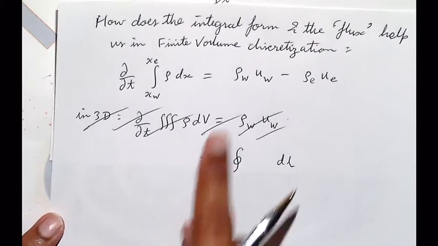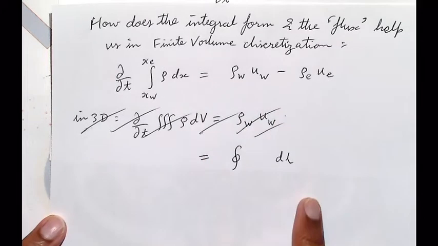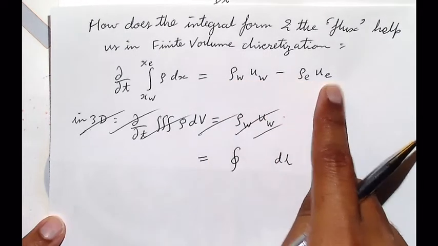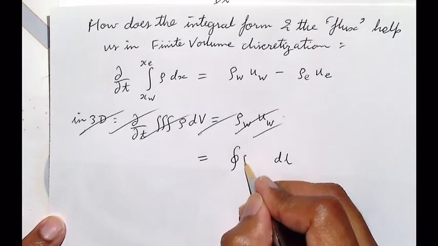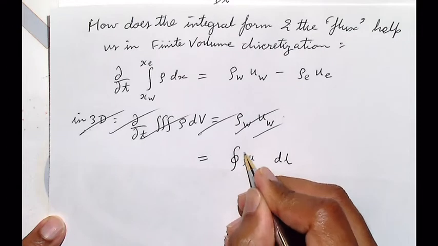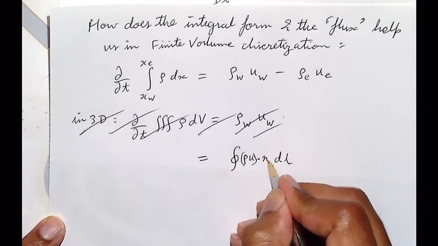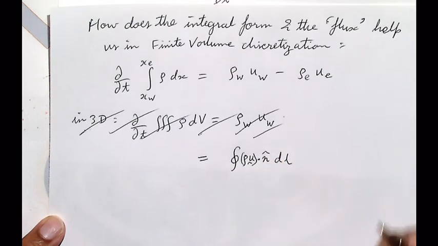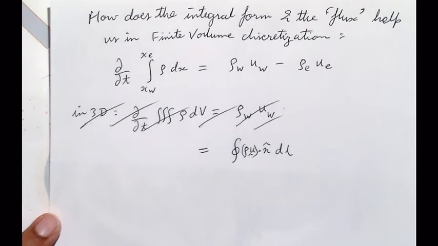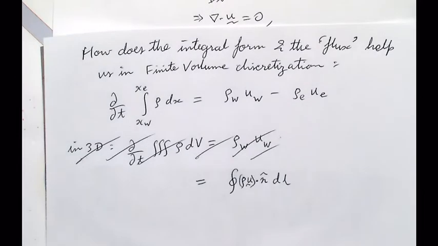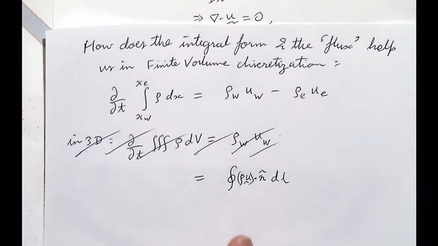No, because there's a rho, right? u dl would be circulation. So the rho west u west, rho east u east, we can write as rho u dot n dl. Okay. Why? Okay, you tell me, why can we write this?